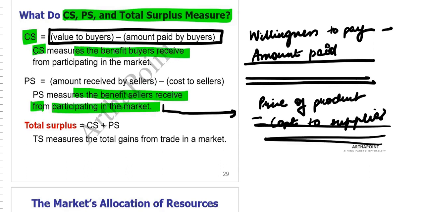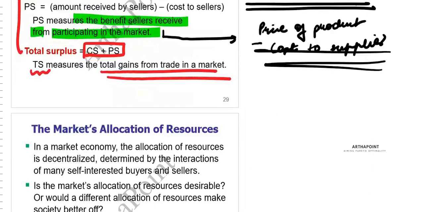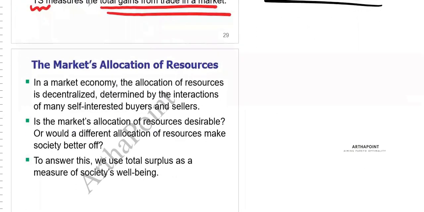Consumer surplus is the benefit buyers receive from participating in the market. When we add consumer and producer surplus together, that is known as total surplus. So total surplus is the total gain from trade in the market. Consumer surplus plus producer surplus together is known as total surplus.